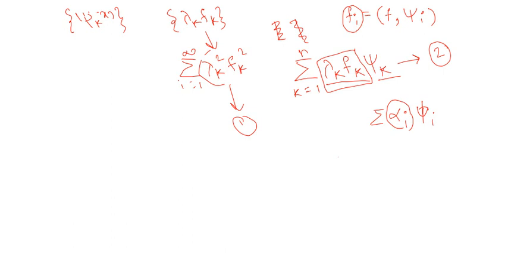Now why am I making this statement? That is again from your functional analysis. In that book they have actually shown that if this alpha i square is convergent, then this series is convergent, and they have also shown the reverse part. So you can see that in your functional analysis book.